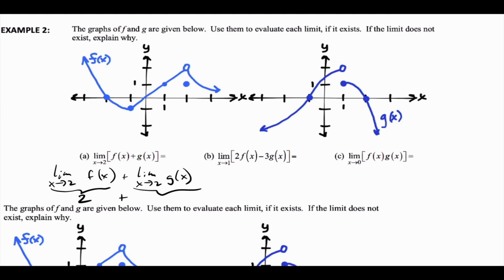For g, it looks like they both meet, from this side it takes a little jump there, and then here they both meet at 0. The limit is 0 as x approaches 2. So you get 2.